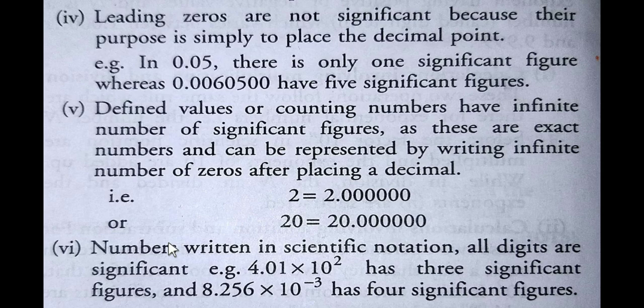Okay. Rule 6: in numbers written in scientific notation, all digits are significant. In scientific notation, 4.01 × 10^2 has 3 significant figures. 4, 0, 1, all are significant figures. And 8.256 × 10^-3 has 4 significant figures.